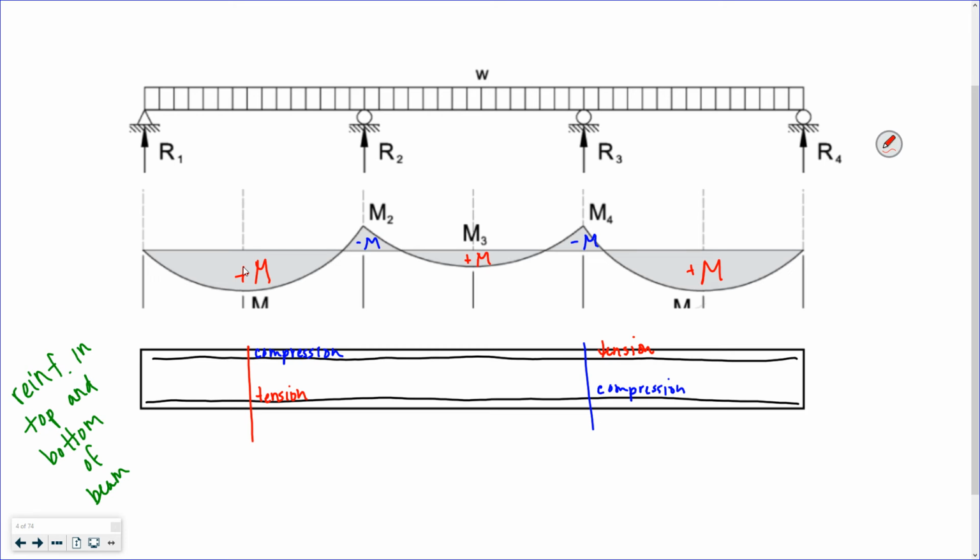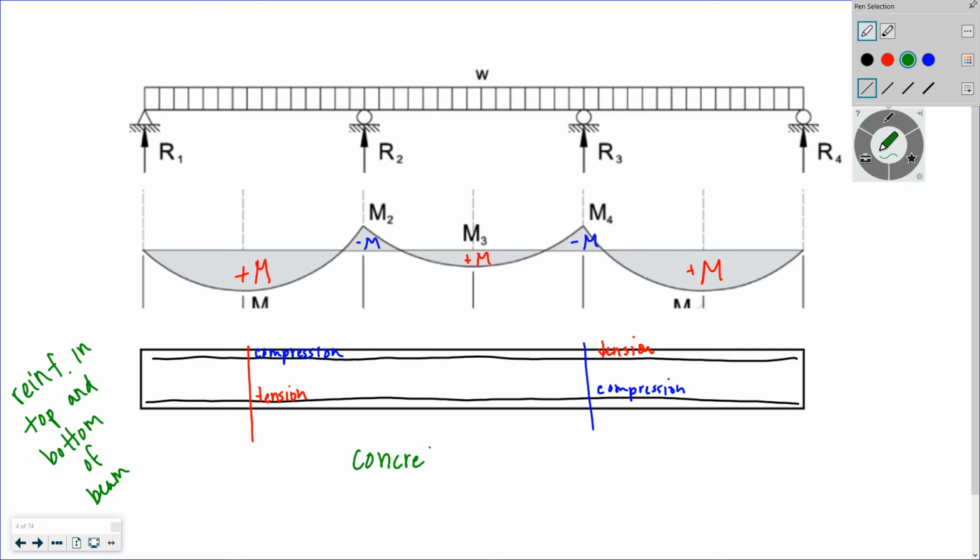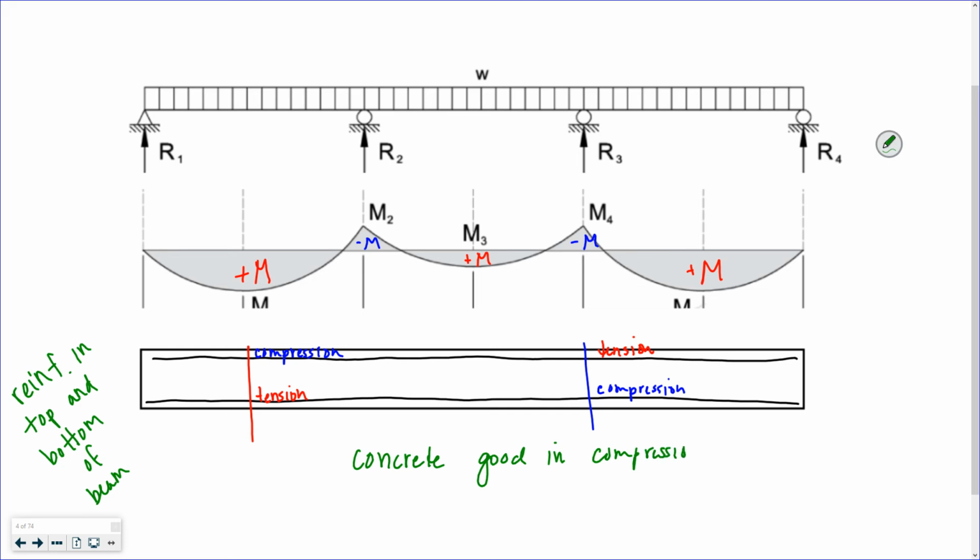Reinforcement is primarily for tension because concrete is good in compression, but bad in tension, right?